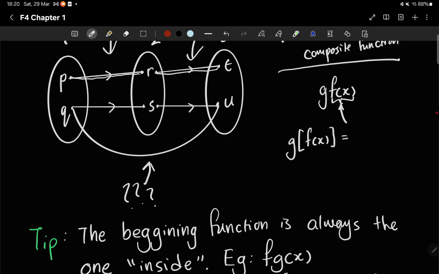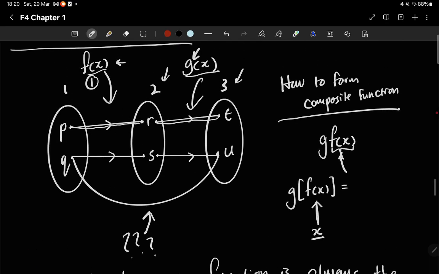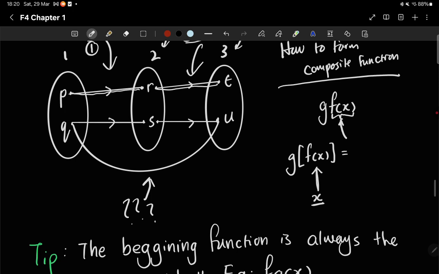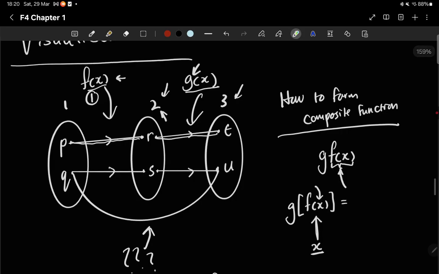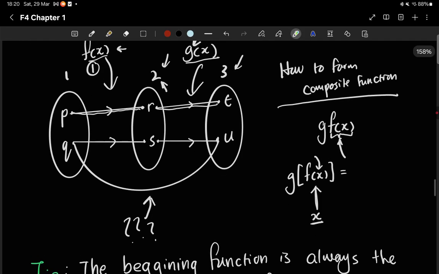Basically, the f of x in here is technically the x value of the function g. So whatever is thrown into the function f gives us a value in set 2, and that value in set 2 becomes the object for the image in set 3. I hope you guys understand the visualization and the clarification I gave.